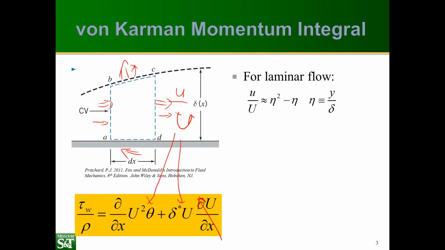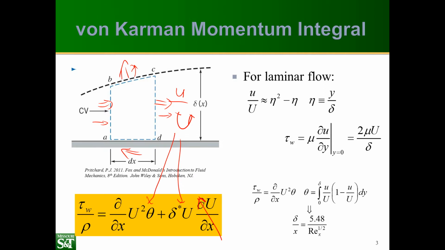So we can actually then go through and derive the next step, the wall shear, based on Newton's law of viscosity. So now we have a velocity profile and we have a wall shear. So then we can go through and use the equation for momentum thickness to come up with a function that depends on delta.